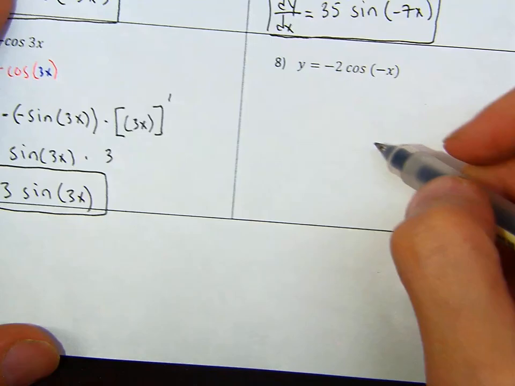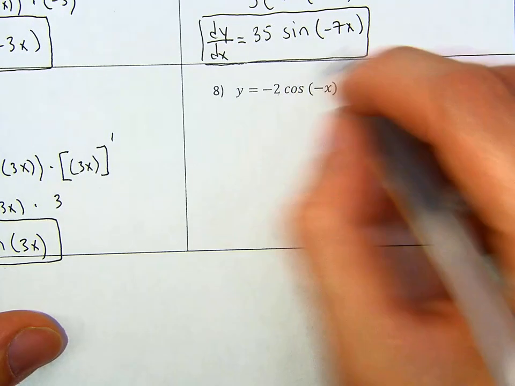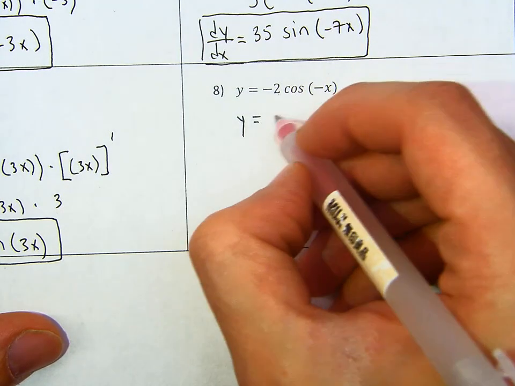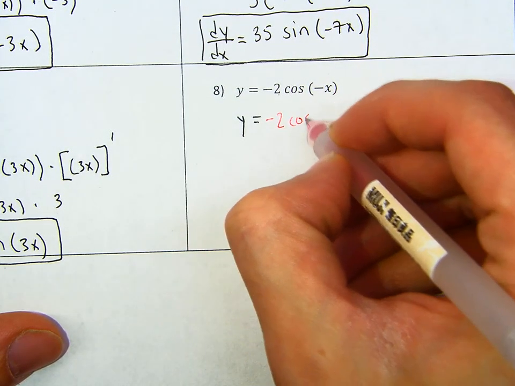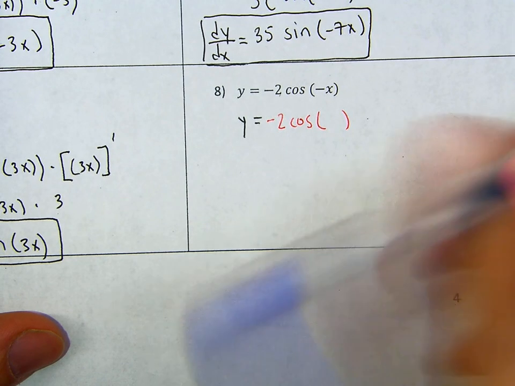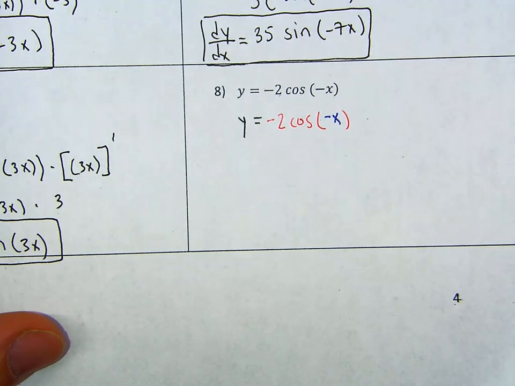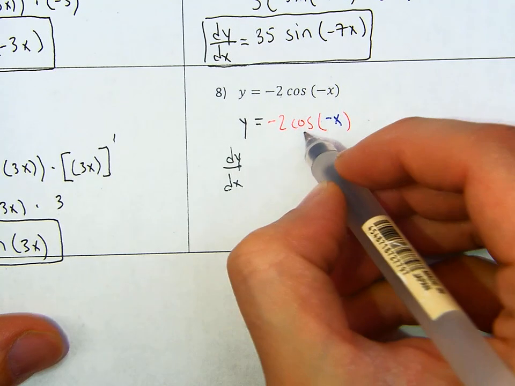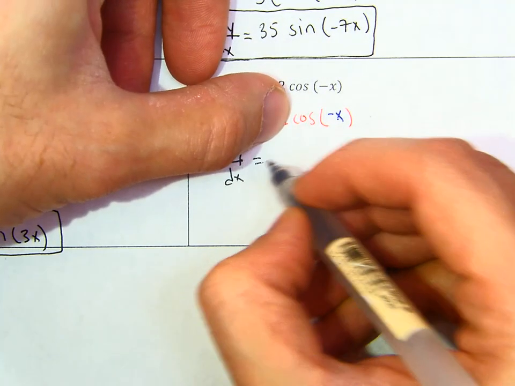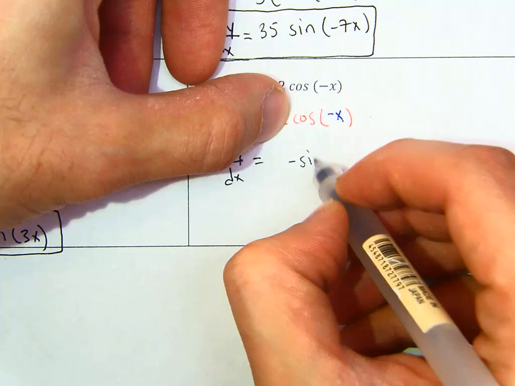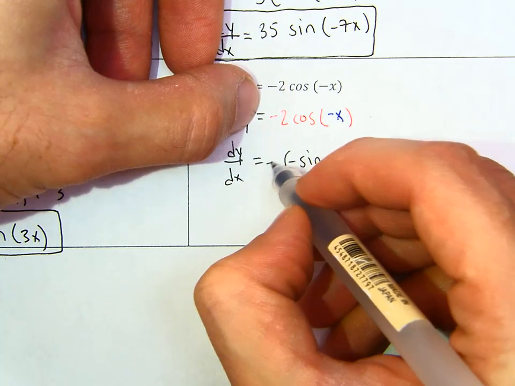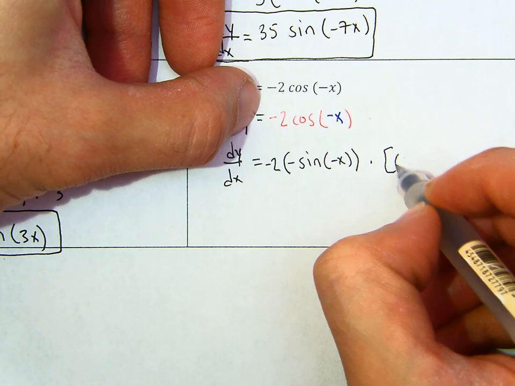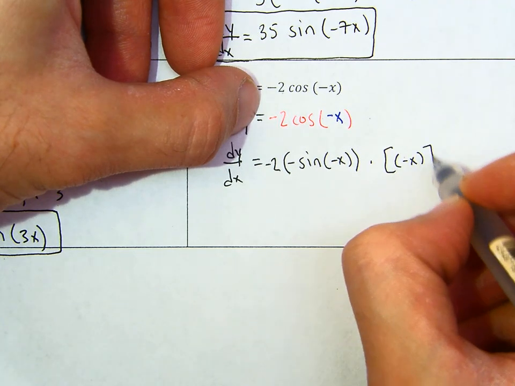Okay? All right, 1 more. Number 8. Y equals, okay? What's the outside? What's the inside? There's negative 2 cosine, parentheses, negative x. Okay, so dy/dx equals, what's the derivative of cosine? It's negative sine, and we still have this negative 2 on the outside, parentheses negative x, times the derivative of negative x.